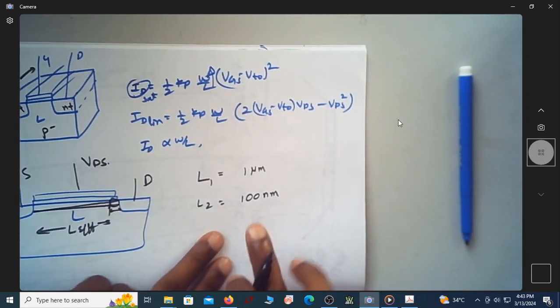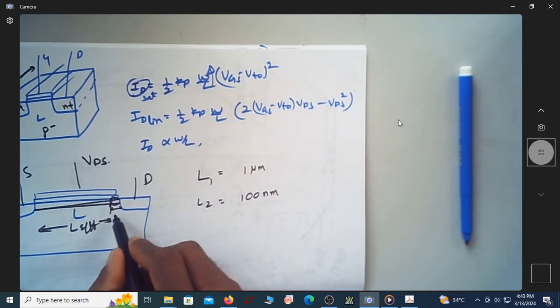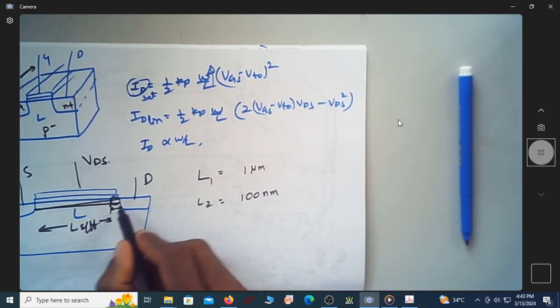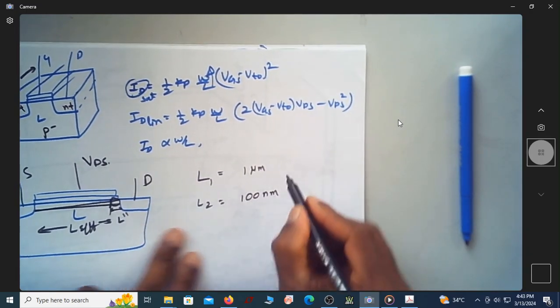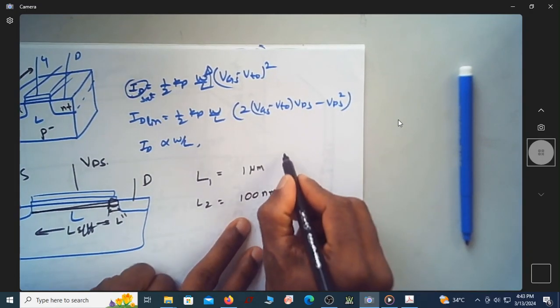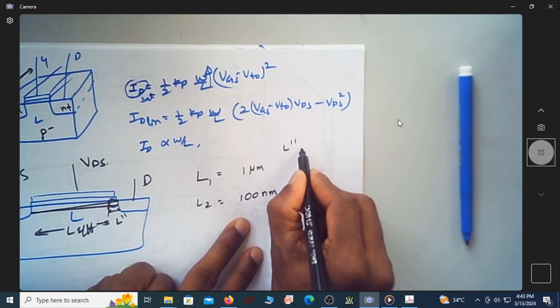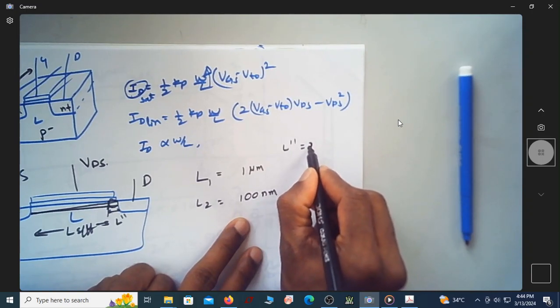These are the two transistors. Let us assume that the reduction in the channel length is L double dash, and L double dash is equal to something like 2 nanometer.